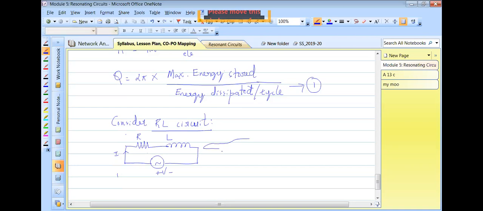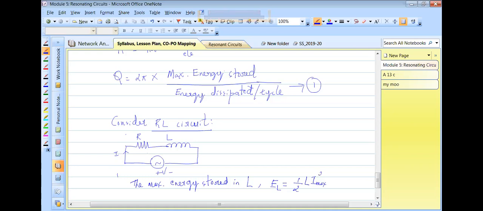Now let's understand the maximum energy stored. The maximum energy stored in L. Why are we talking about L? Because we are talking about the RL circuit. So the maximum energy stored in L, EL, is equal to half L I max squared. What is I max? I max is I naught. When would there be a current I max flowing?